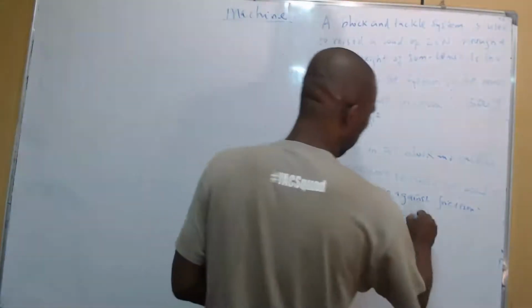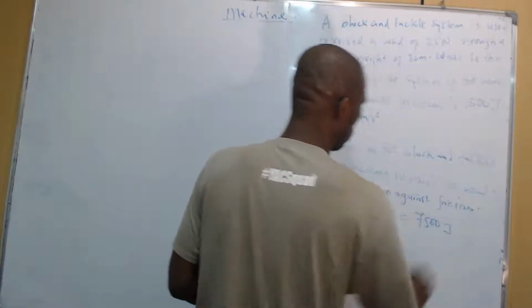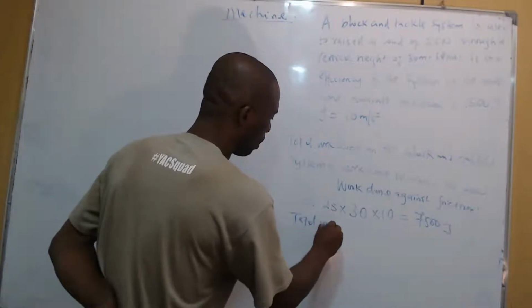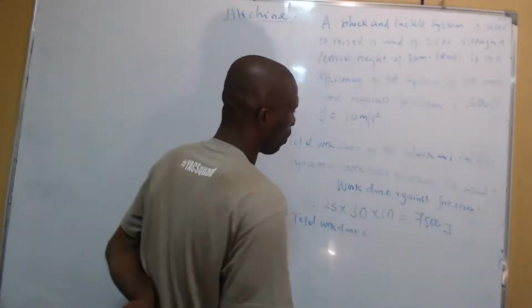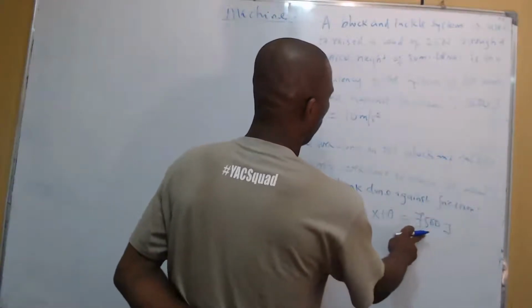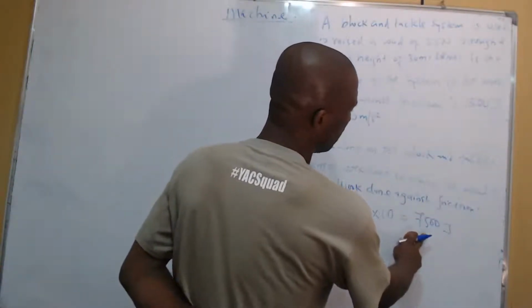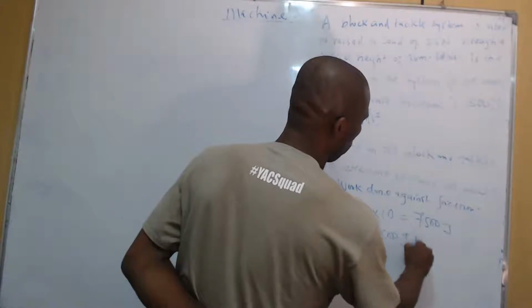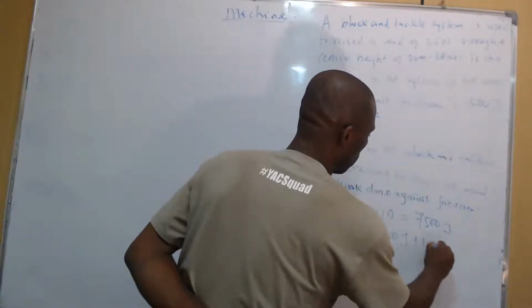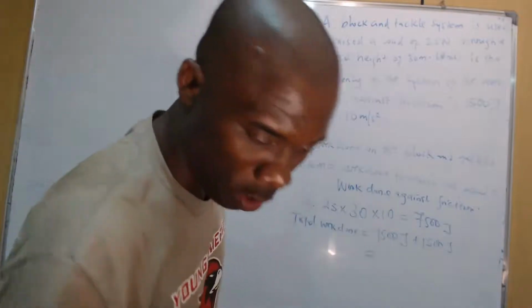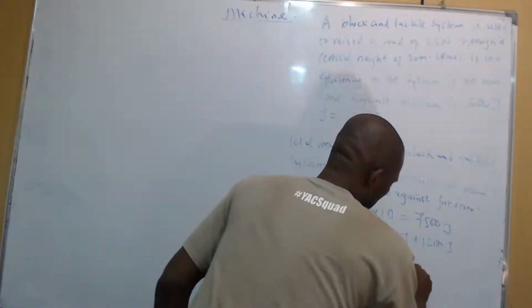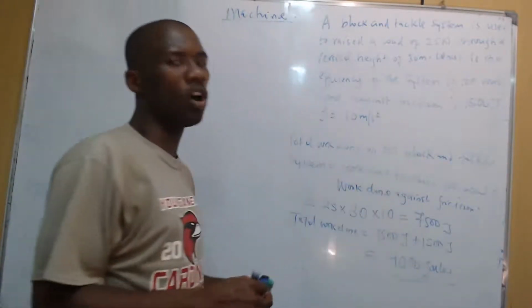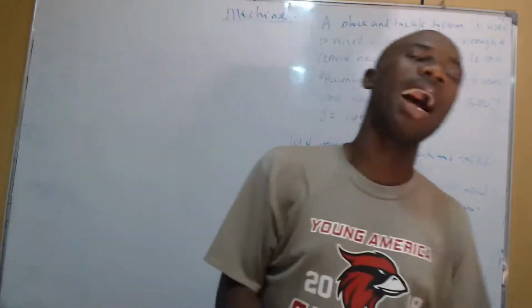It will give us 7,500 joules. Now, total work done is equal to the work done in raising this plus the work done against friction, which is 7,500 joules plus 1,500 joules. So total work done on this was 9,000 joules of work done. Now, this work done is the same thing as the work output.